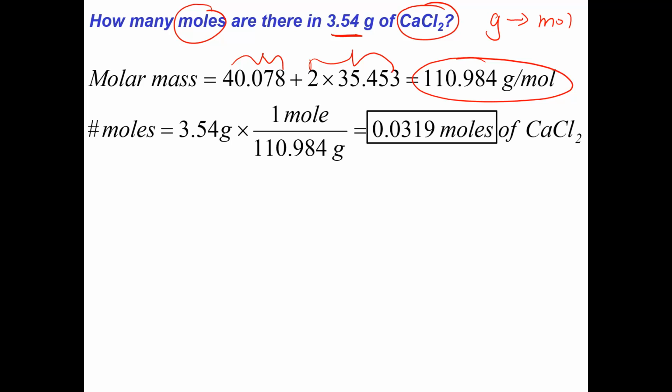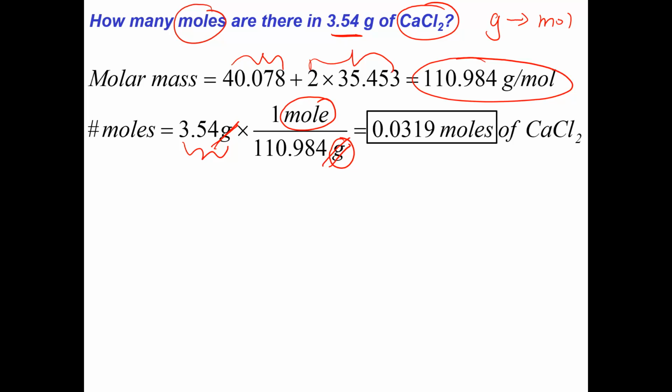So now I can go ahead and calculate my number of moles. I'm starting with 3.54 grams, so I need to multiply by the conversion factor that cancels grams and leaves me with moles. And so for that reason, I'm putting the 110.984 grams on the bottom line. And you can see that when I multiply, grams cancels out and the only units that remain are moles.